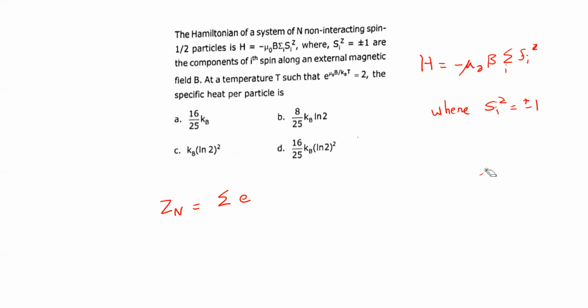So this is what I would write here: e to the minus beta times the Hamiltonian, and there is another summation on i. So there are two summations. I must note that.